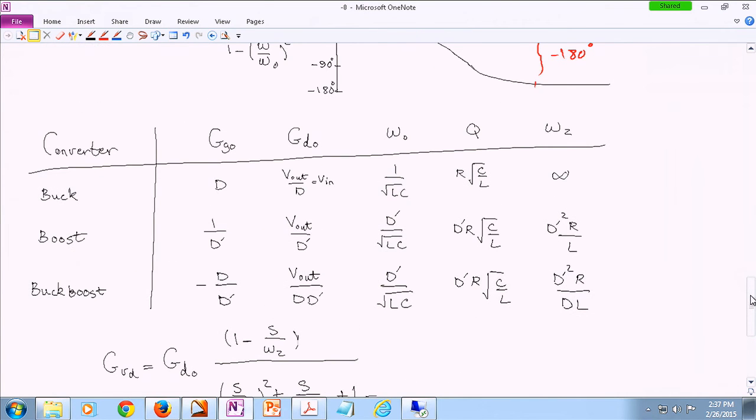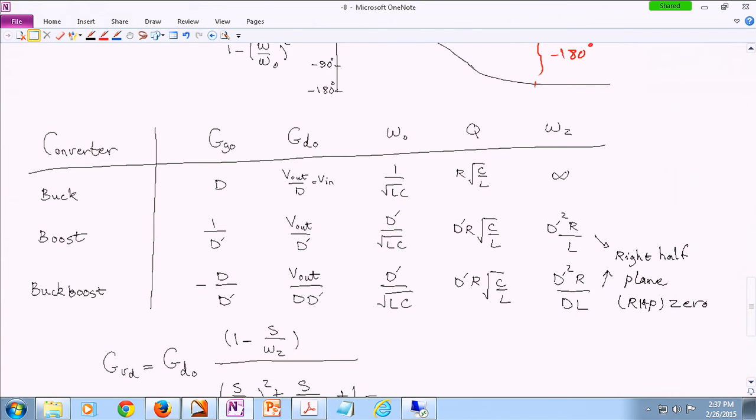So these zeros are right half plane, or RHP. Okay, and we're going to talk about what the right half plane zero is. The system is still stable.